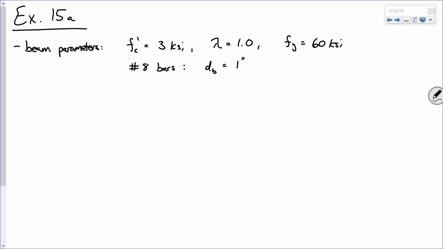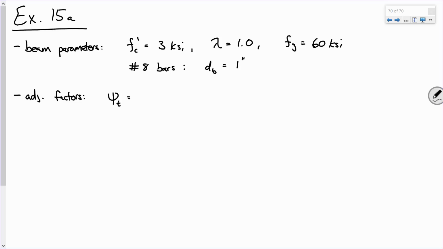Okay. All right. Now, let's take a look at our adjustment factors. We'll take them one at a time. So let's look at psi t. That's your top bar location factor.